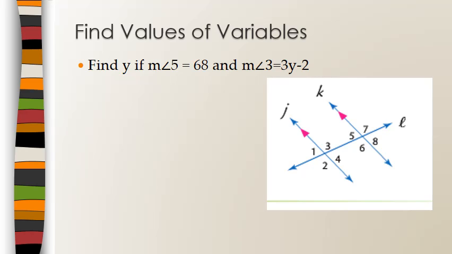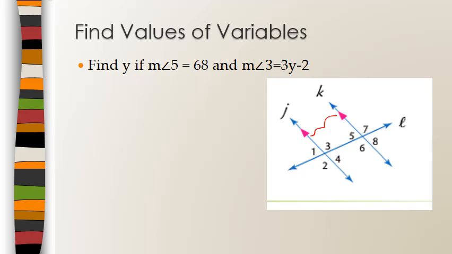Again, I've got two parallel lines. J and K are parallel to each other. L is the transversal. And in looking at 3 and 5, I'm going to say that those are consecutive interior. They're in the interior here between the parallel lines. And they are consecutive interior angles.